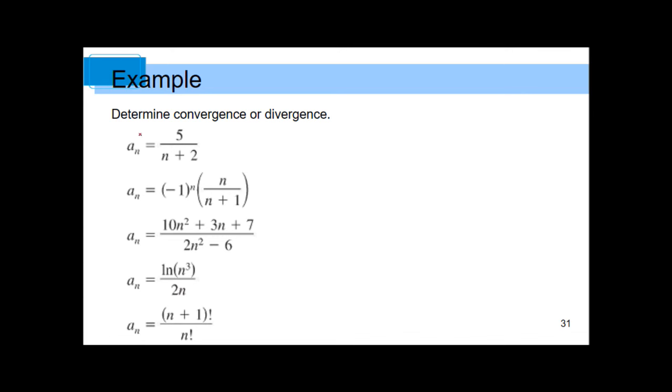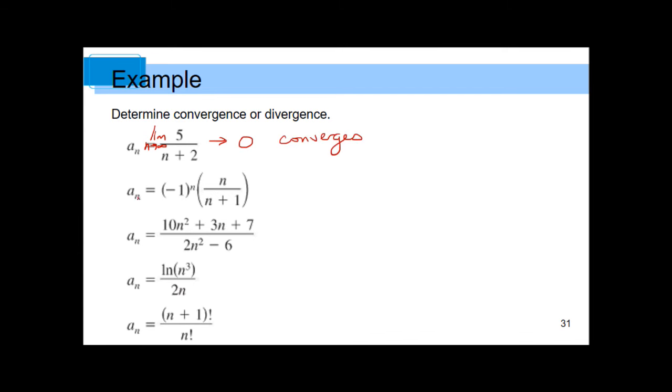Well, that's just like saying what's the limit as n goes to infinity of the sequence, right? So as n goes to infinity, we're getting 5 over infinity, which is approaching 0. So we would say that this guy converges.